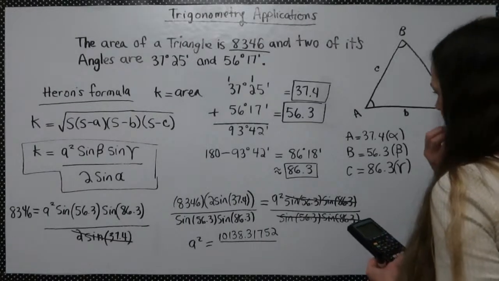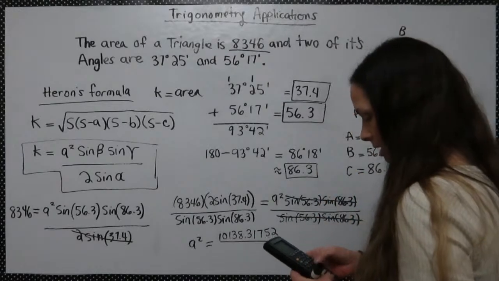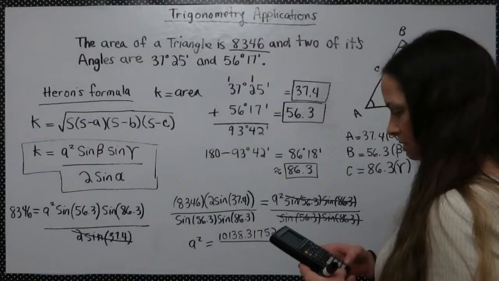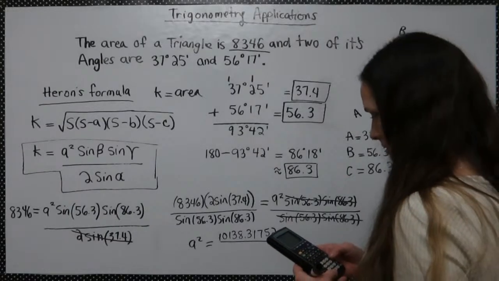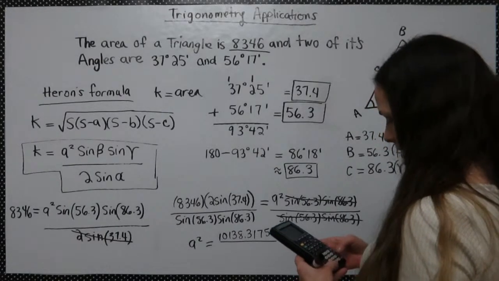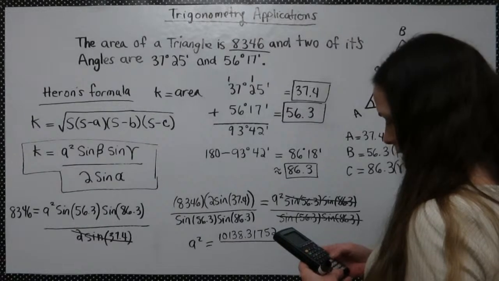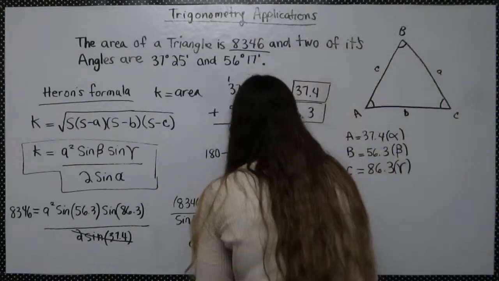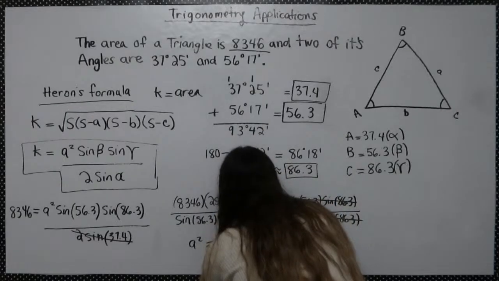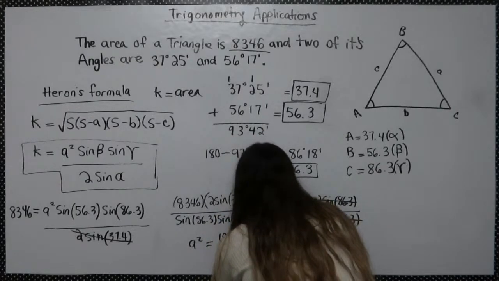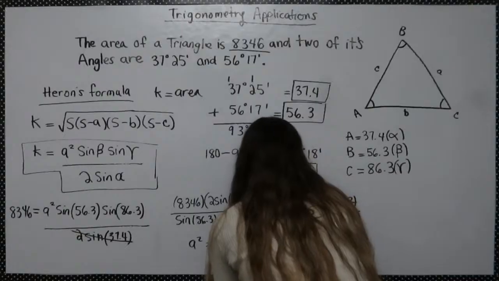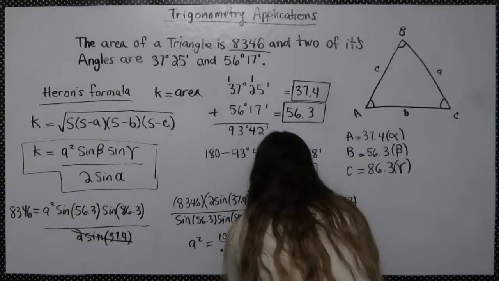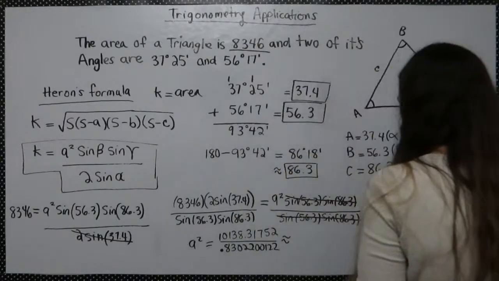Oh, I don't trust it, so let me redo it. Sine 56.3. It's probably correct, but I'm going to multiply this times the sine of 86.3. It's the same answer. Okay, I did. So we're going to divide it by 0.83022 and get an approximation for a squared.